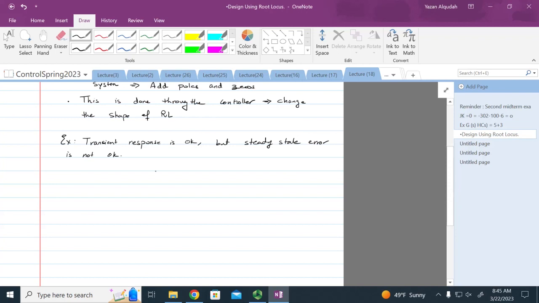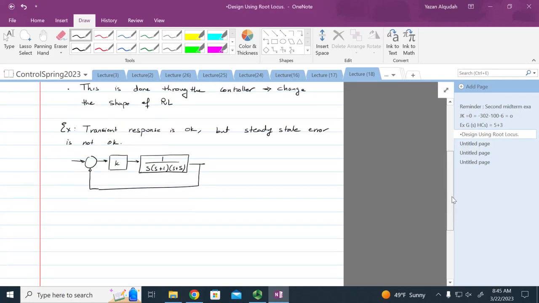So in this example, we are given this system. And for this system, we have design specifications.